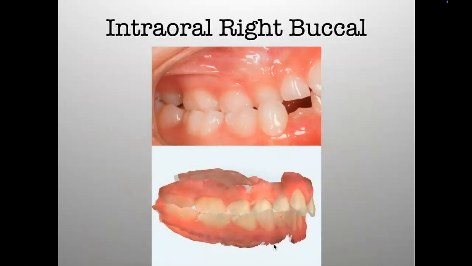So let's look at our right buccal photo here. Right, so we can see that cross bite is complete all the way back to the 6-year molars there. AP-wise, would you describe this patient as normal, more class 2, or more class 3? What's that?